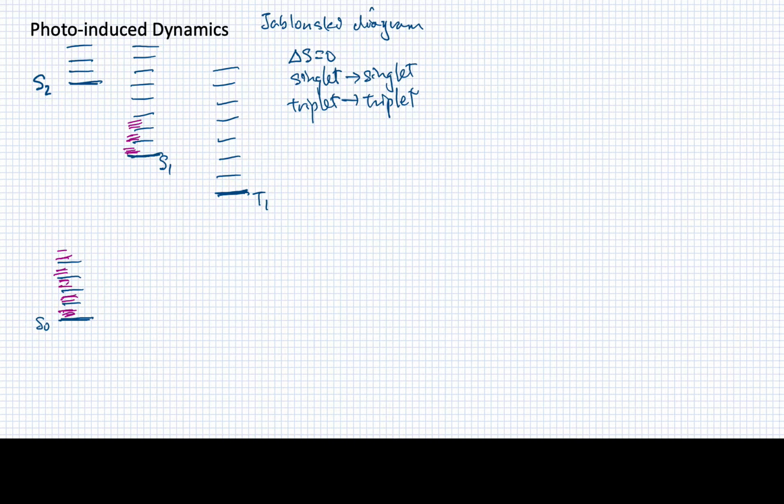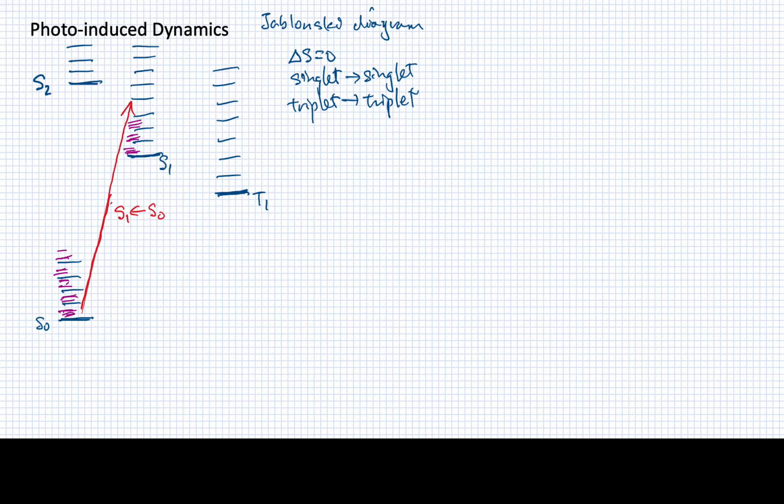The first step is that we could have an excitation that brings us from our ground singlet state up to our excited singlet state. This one photon transition is something that we could write as S0 going to S1, a direct excitation.